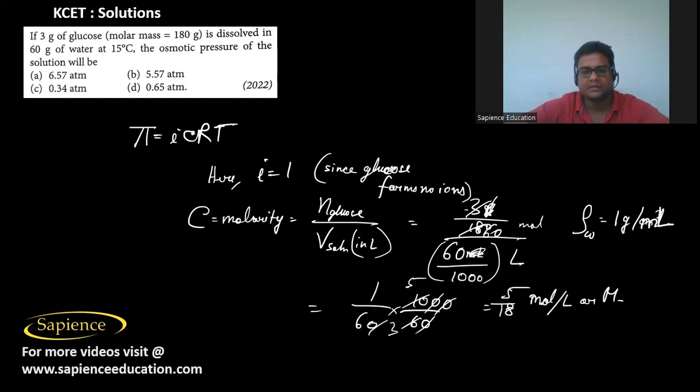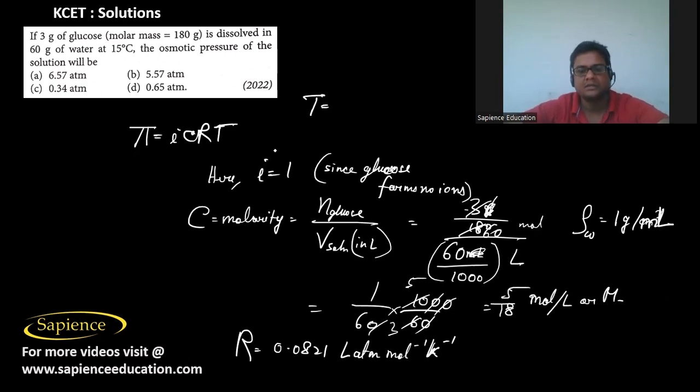So 5 by 18 molar is the concentration of the solution, and R value we can tell that is 0.0821 liter atmosphere per mole per Kelvin, since we want the osmotic pressure in atmosphere. T is the temperature of this solution in Kelvin.